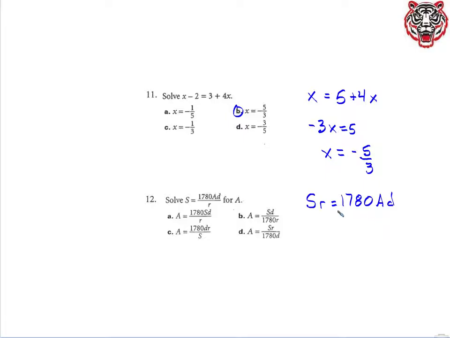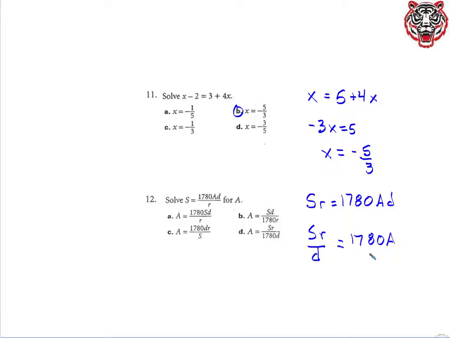What do I need to divide both sides by in order to isolate a? I could divide by d. So I divide by d, and I get sr divided by d is equal to 1,780a. Then from here, how do I isolate for a? Last step?